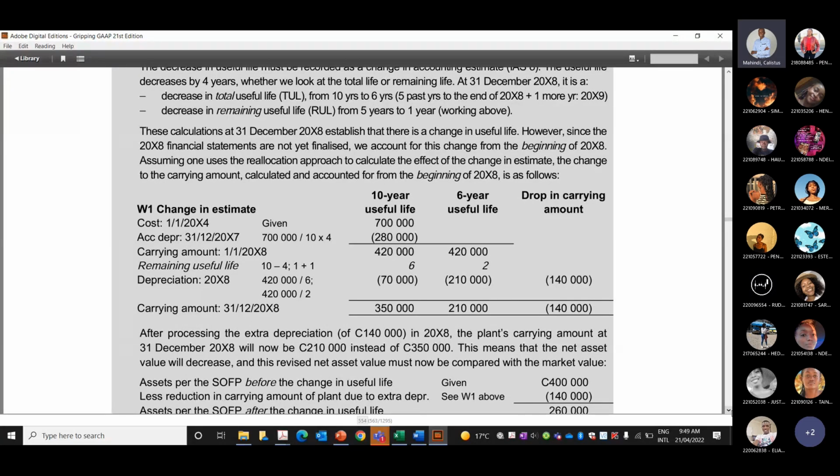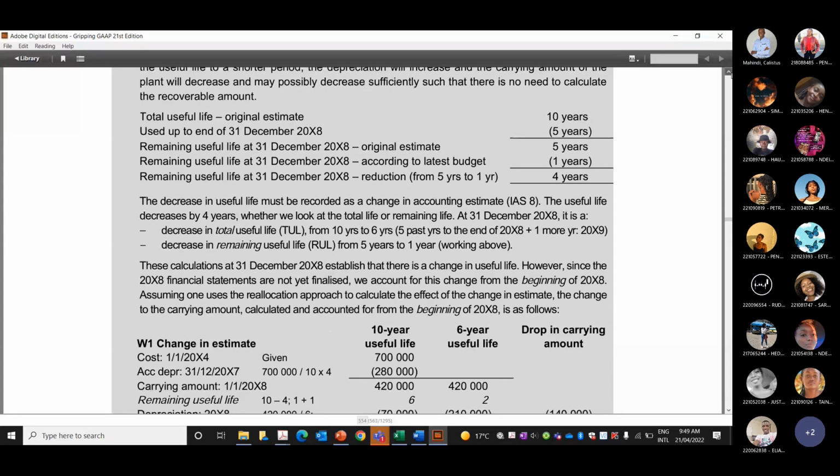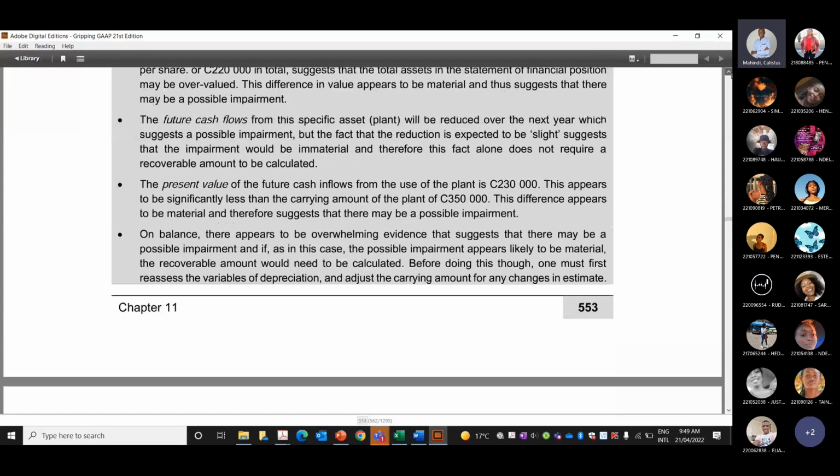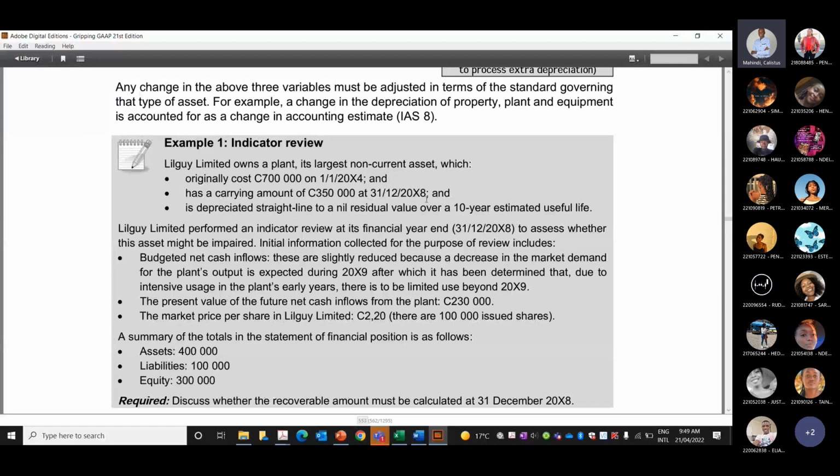In the question, it tells us, let's go to the question itself. It tells us that on 31 December 20X8, the asset has a $350,000 carrying amount. That's the carrying amount at 31 December 20X8.